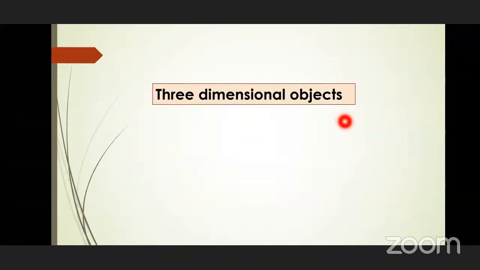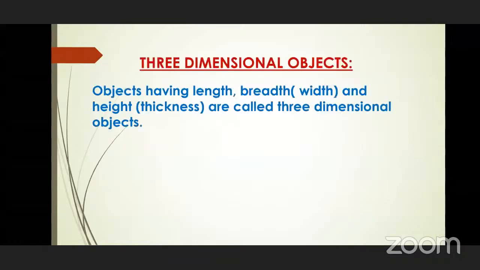So children, have you seen a bottle, book, or pot? Yes, so all these objects which we can see and feel are three-dimensional objects. Now see, here the definition is given.